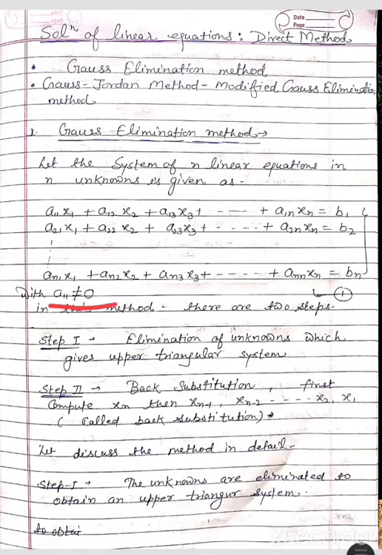This Gauss elimination method consists of two steps. Step first is the elimination of unknowns in such a way that it gives an upper triangular system of equations, and step second is the back substitution.